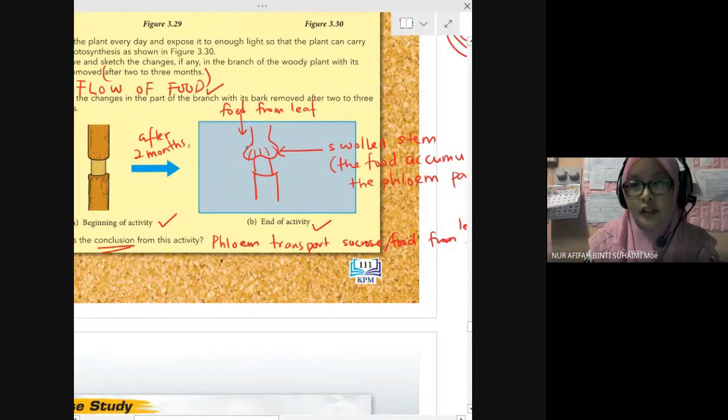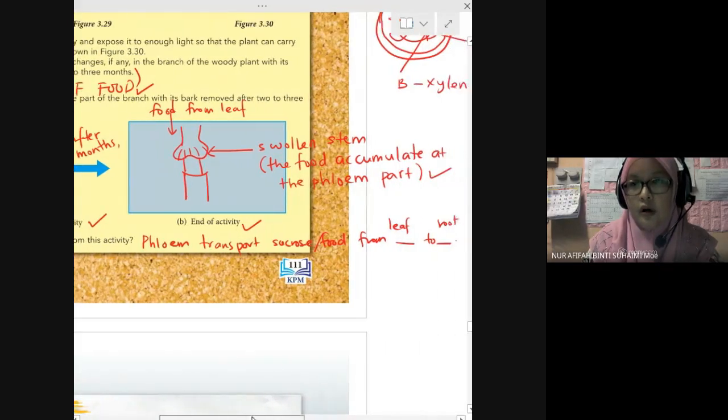The structure at the upper part of the ring becomes swollen. The stem becomes swollen because of accumulation of the food. The food all collected here, stuck here. All the food that the plant produces cannot be brought to the root, so it's stuck here.